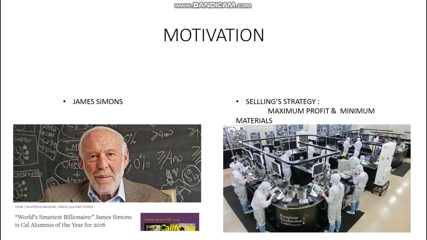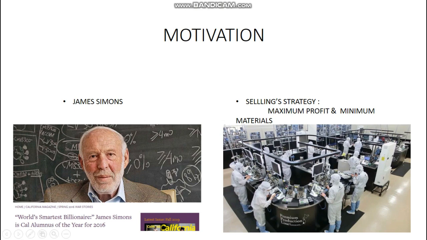And then if you know about the function of a linear program, we will know about James Simons. James Simons is the world's smartest billionaire because he applied linear programming to his factory.